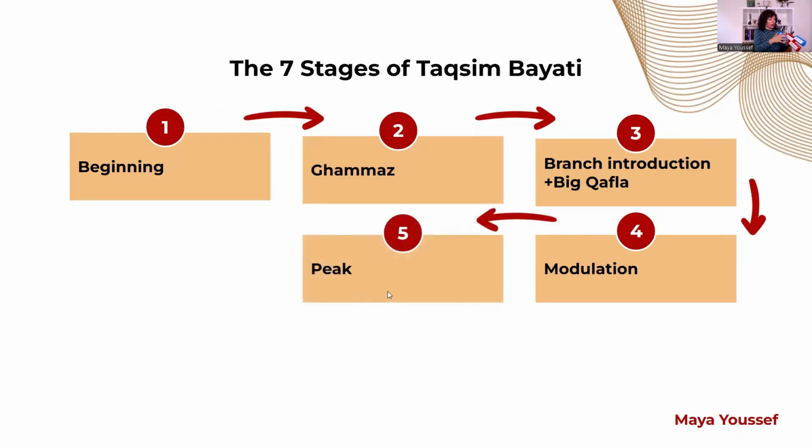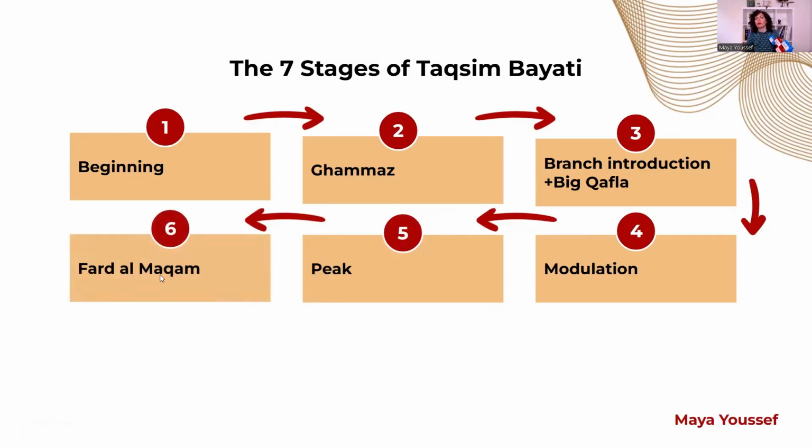Then we're going to go to the root, but one octave higher, and this is the part in which we're going to be big, with dynamics, fast, and this is where the maqam reaches its zenith.